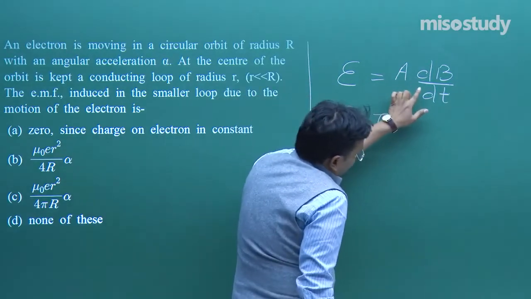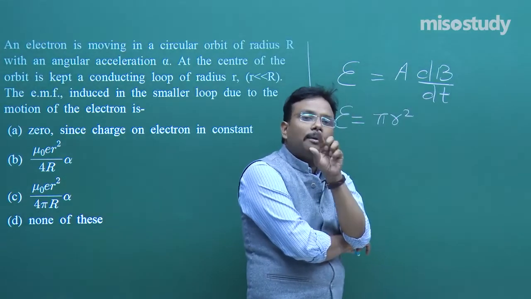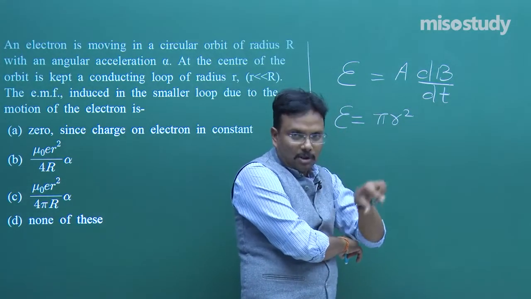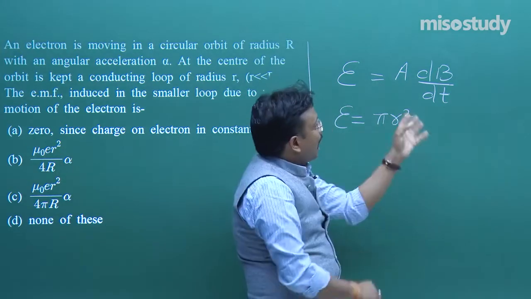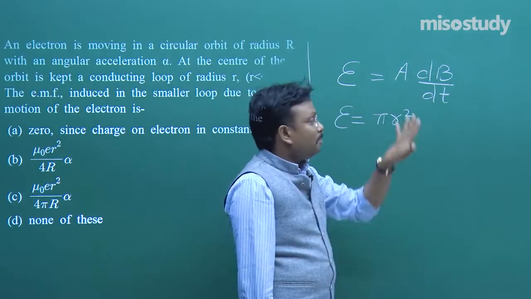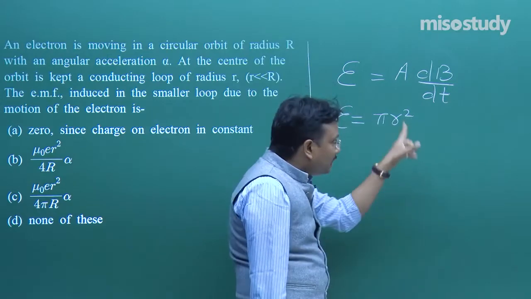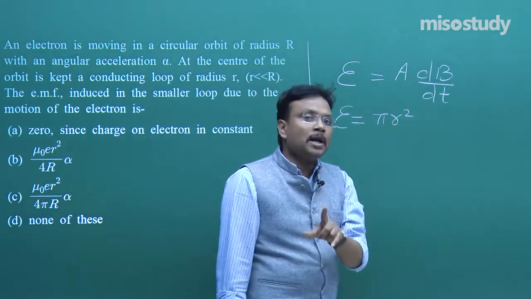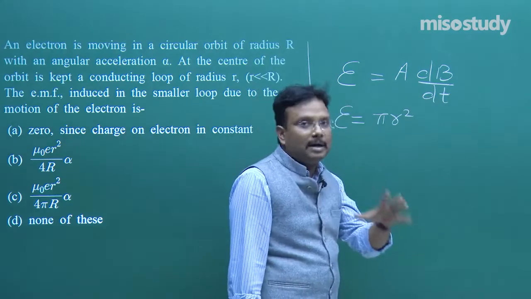Now what about this dB by dt? Try to recall the formula for the magnetic field produced at the center of a circular loop. I am using the direct result, but if you have any confusion, please stop the video here, revise that formula, then start again. If you are regularly watching our videos, this is something which is very properly explained.